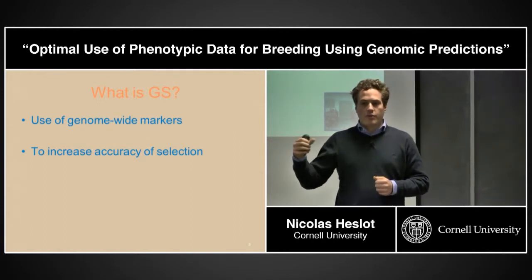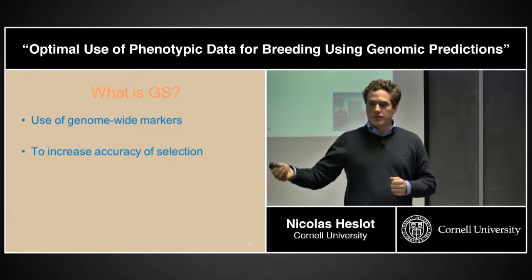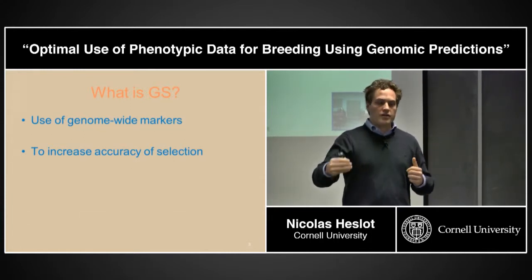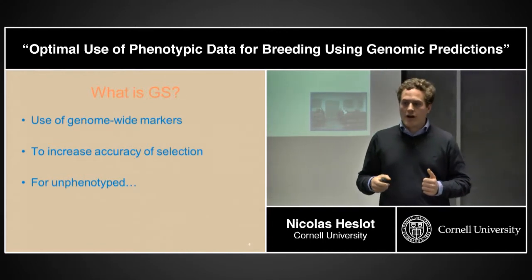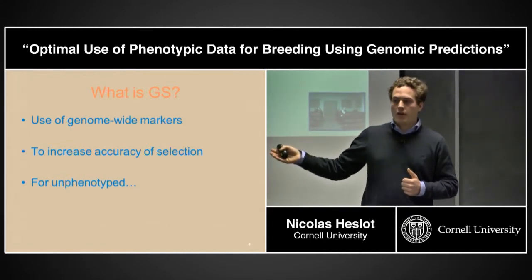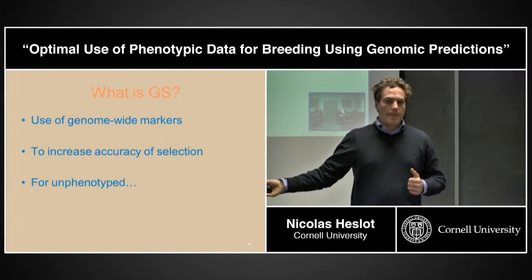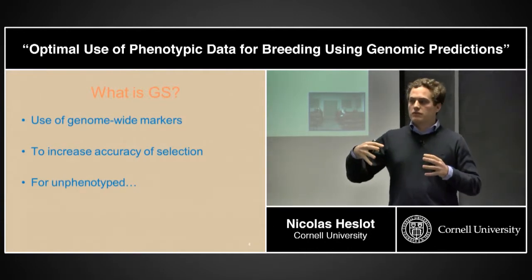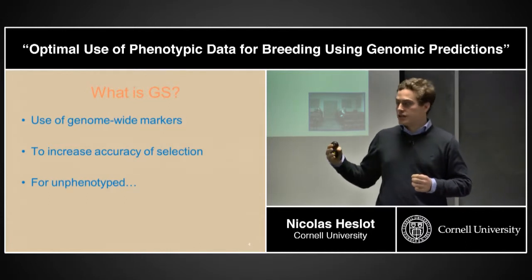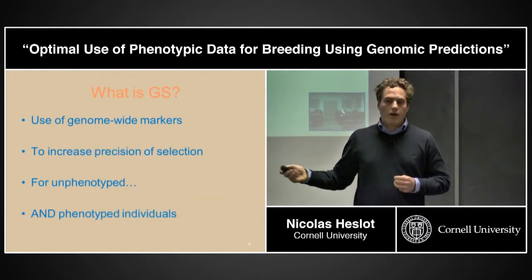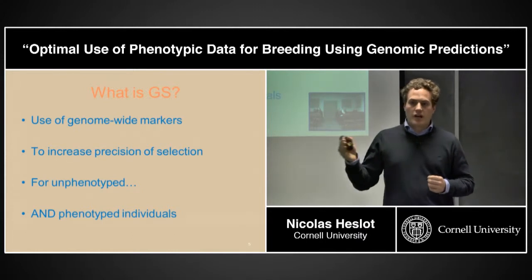That is, make more precise selection, maybe try to increase breeding gain, reduce the breeding cycle by making selection decisions earlier in the breeding cycle. And this applies obviously for unphenotyped individuals for which you only have markers to make a selection decision. And most of the papers about GS in plants concentrate on making decisions for unphenotyped individuals, but it's also true for phenotyped individuals.